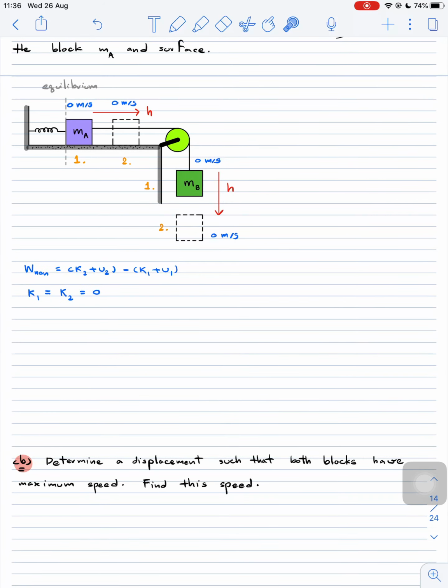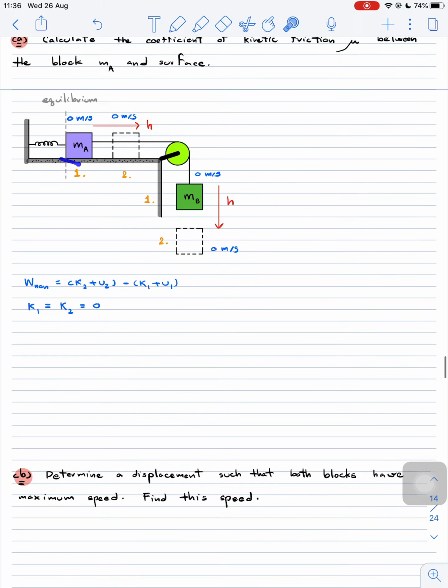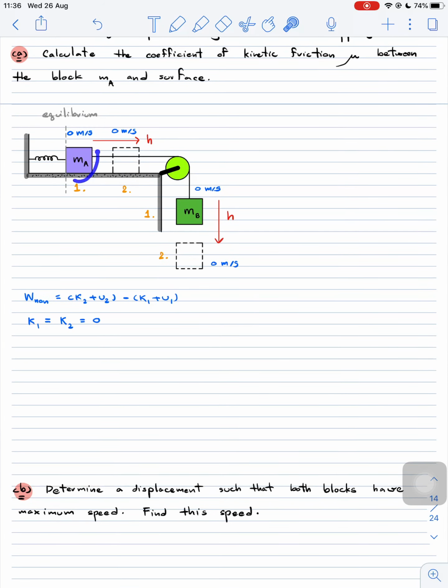Now, if we consider the block MA, let's consider the gravitational potential energy first, the potential energy due to gravity. If you consider the block MA, you can see that the initial position and the final position are at the same level.